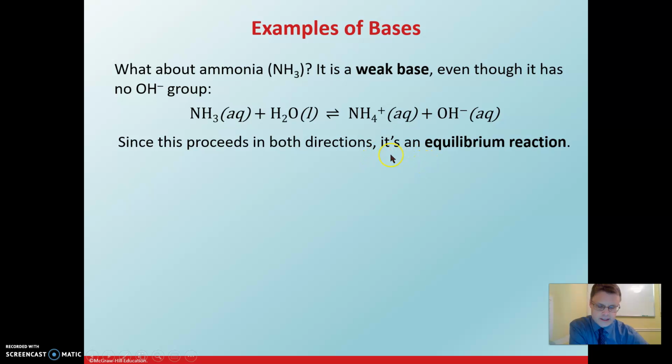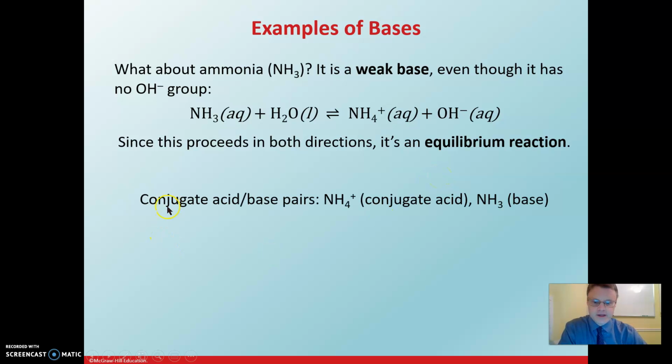Technically we might be able to say that every reaction goes in both directions, but a lot of reactions greatly favor the product side, whereas some reactions might favor the reactant side, the left-hand side, or you might have them favoring either side roughly equally. And when you get close to it favoring either direction almost equally, we call that an equilibrium reaction.